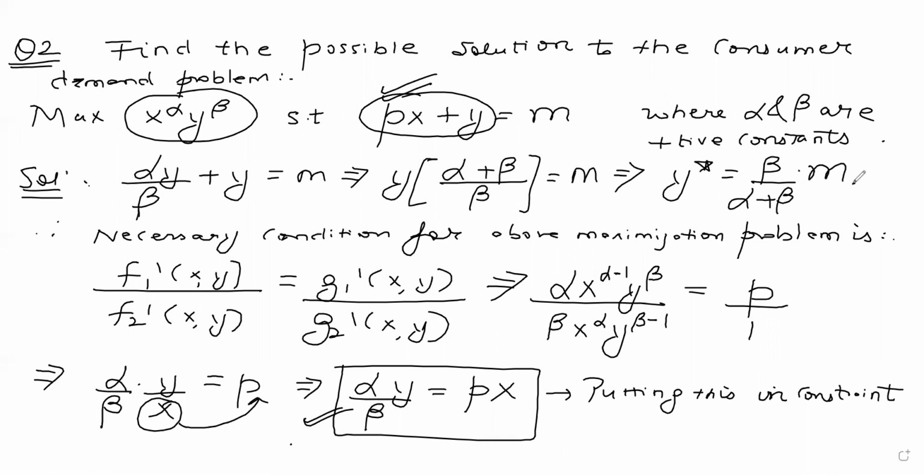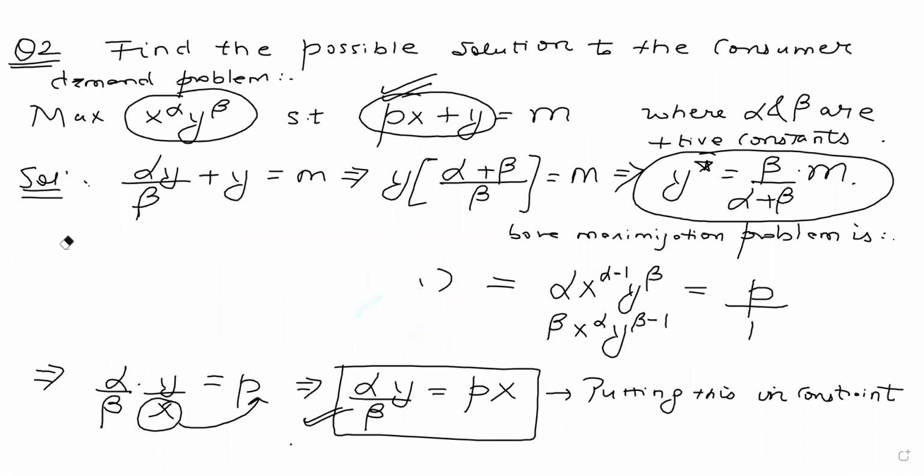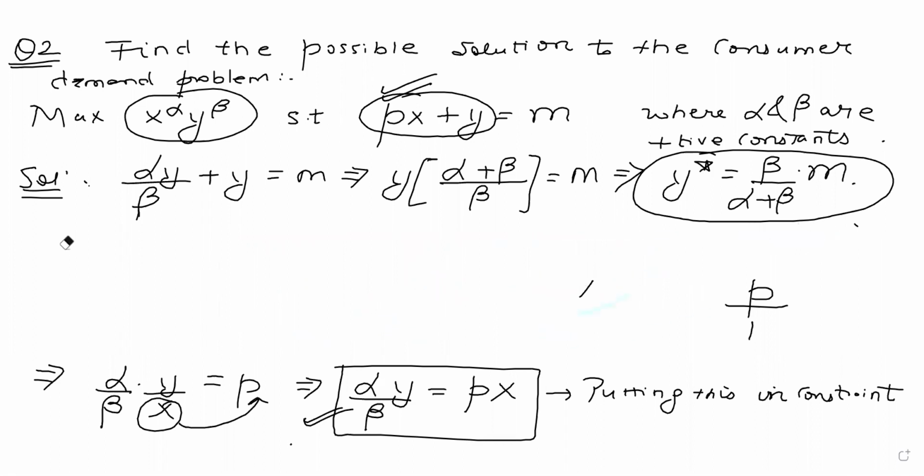Okay, and if I plug this value now in the equation for x star, I can get the required value of x star. So I'm erasing this particular part, and then we can quickly find x star. We can now find the optimum value of x star. I can write px star is equal to alpha y star by beta.